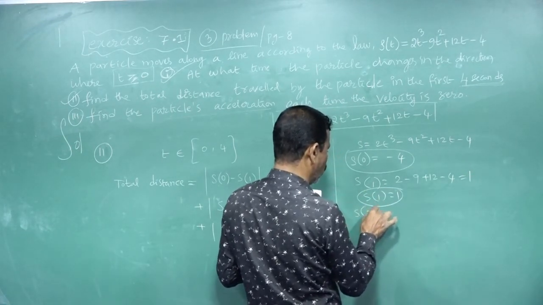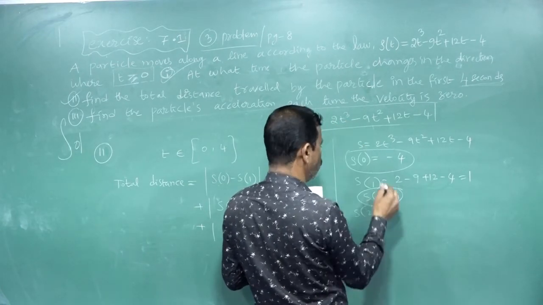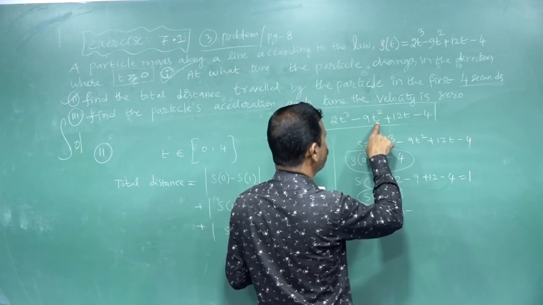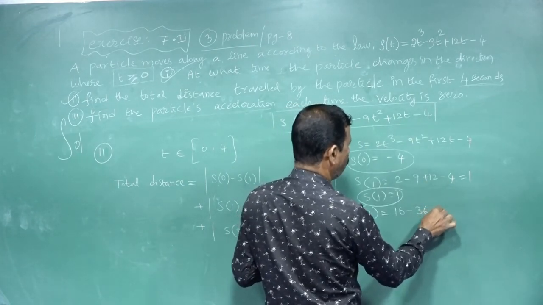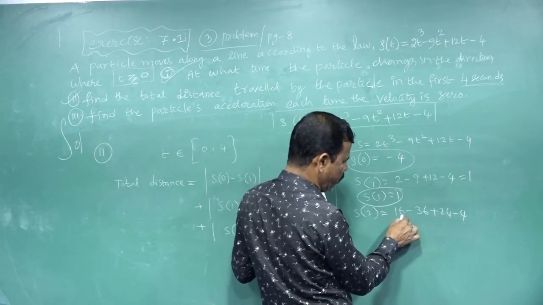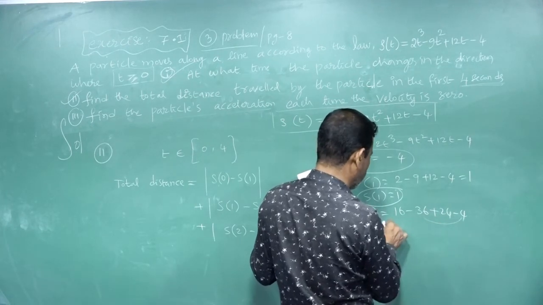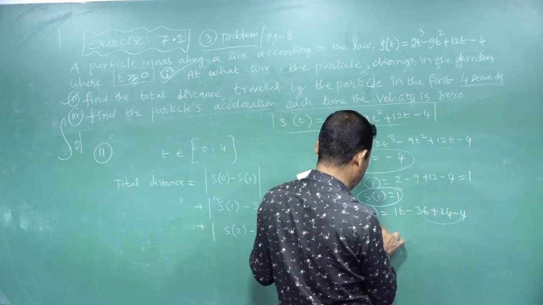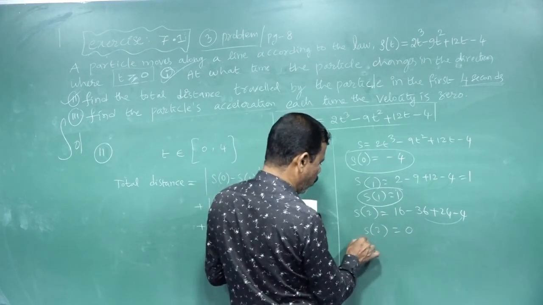Next S of 2. 2 cube is 8, into 2 is 16, minus 2 square 4 into 9 is 36, plus 12 into 2 is 24, minus 4. So 16 plus 24 is 40, minus 36 is 4, minus 4, this value is 0. So S of 2 is equal to 0. Next, no need of S3, S4 only.